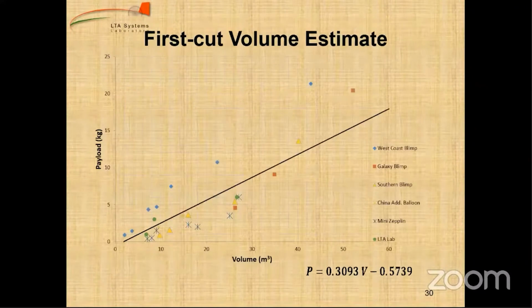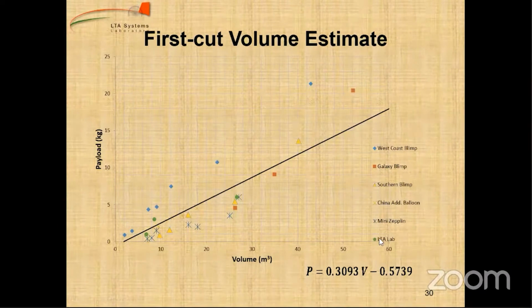Now there is a first cut volume estimate, and we start our process with the initial estimate of volume. There is a trend line drawn with actual airships, payload versus volume: what payload they carry and what the volume of that airship is. You can see here some airship companies which have built and flown their airships.